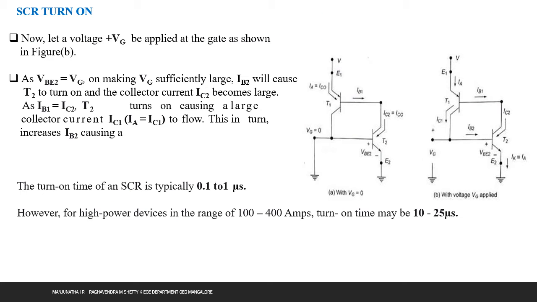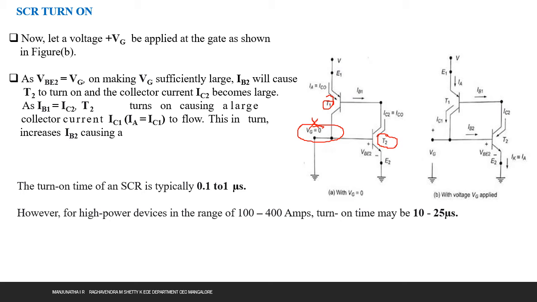In the previous slide discussion, we came to know that it is not possible to turn on the SCR when Vg is equal to 0. Only when Vg is not equal to 0, transistor T1 is in the turn on condition and transistor T2 is also turned on.